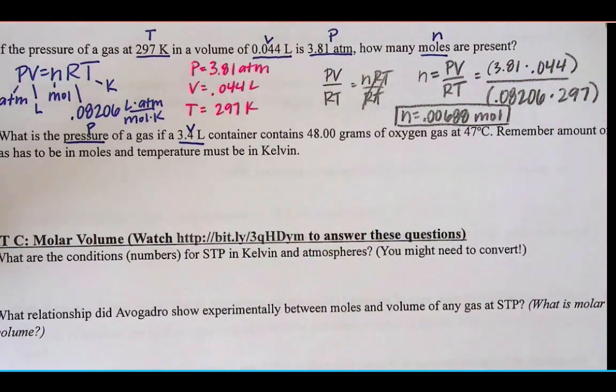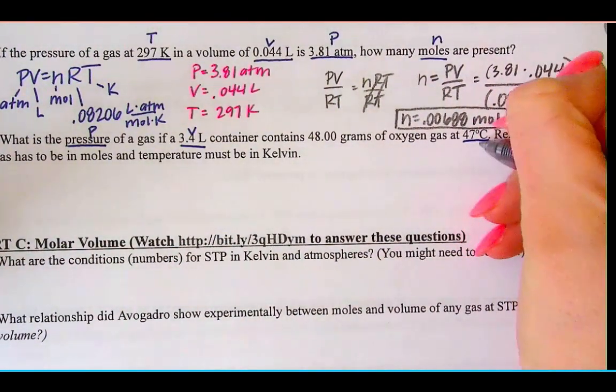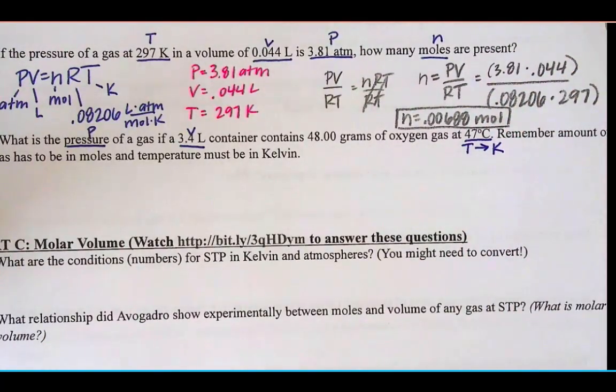Contains 48 grams of oxygen gas at 47 degrees Celsius. I'm going to skip 48 grams for now because grams isn't in the ideal gas law. It says at 47 degrees Celsius. There's my temperature, but remember, as soon as I see degrees Celsius, I'm going to make myself a note to convert to Kelvin.